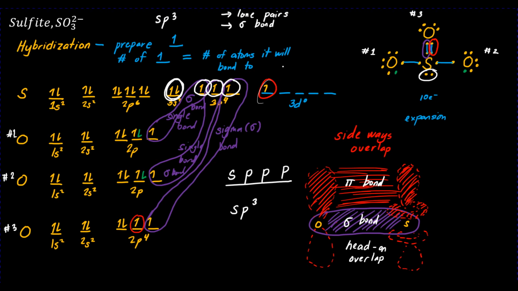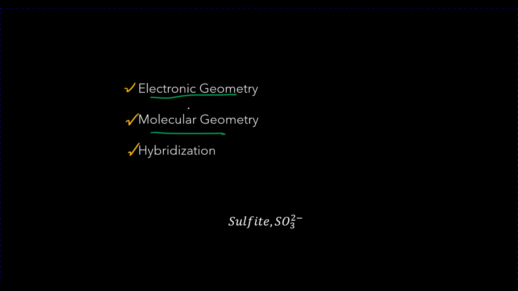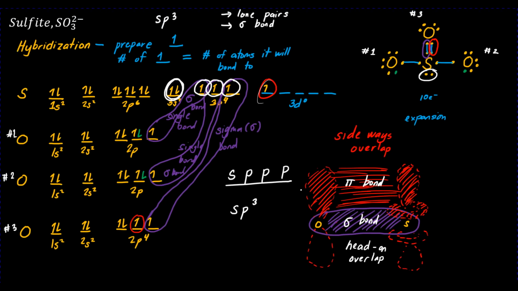So there you go. I showed you the method, and I will be showing more problems like this on my channel. I hope you learned the method that I applied here in solving for several polyatomic anions. With that, I hope you learned something, and thank you for watching.